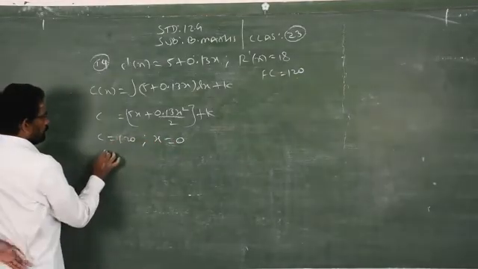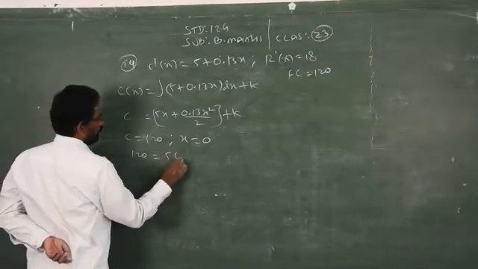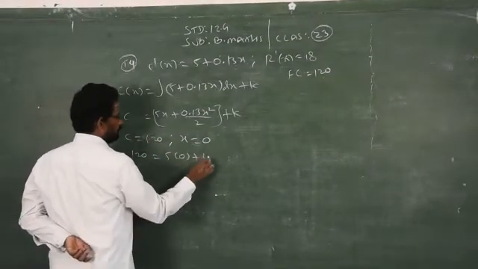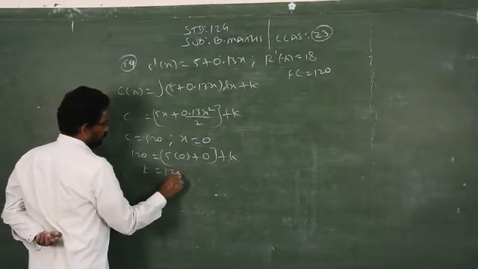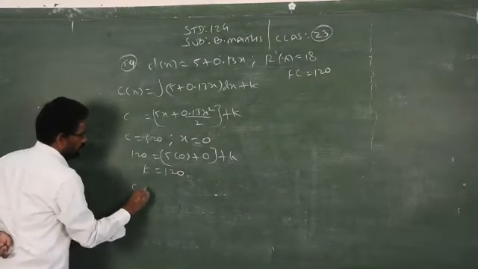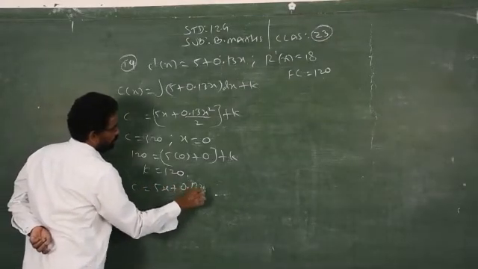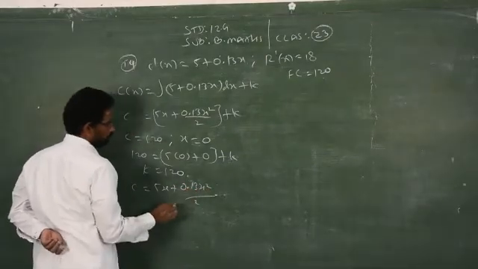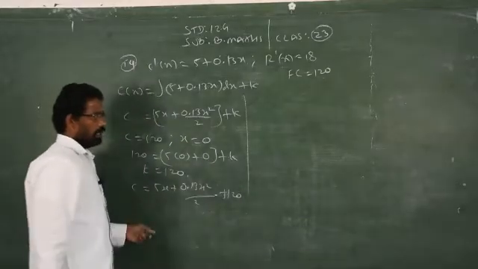Clear? So 120 is equal to 5 of 0 plus, this will be 0. So we will get k is equal to how much? 120. So the cost function is equal to 5x plus 0.13x square by 2 plus 120. This is for the cost function.